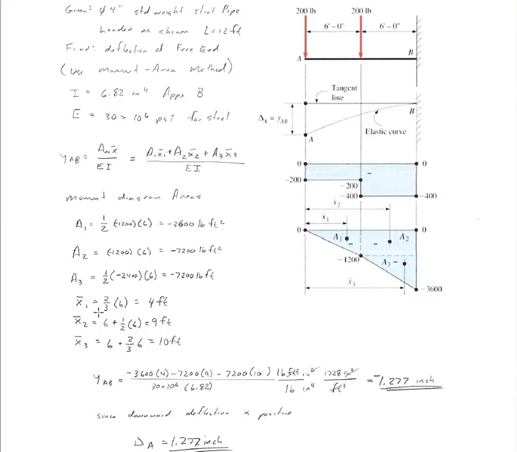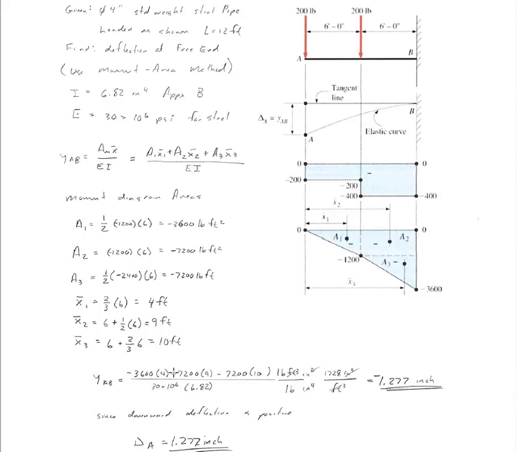So x bar for area 1 would be 2/3 of 6, or 4 feet. X bar of area 2 equals 6 to get from 0 to here, plus another 3 to get to the centroid, so that's 9 feet. And then x bar for area 3 is 6 plus 2/3 of 6, or 10 feet.